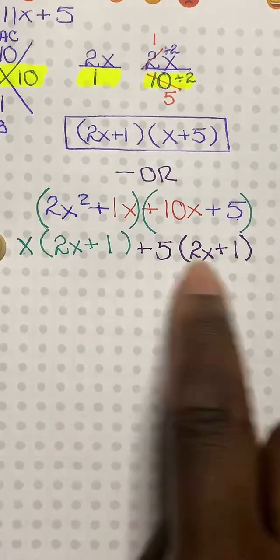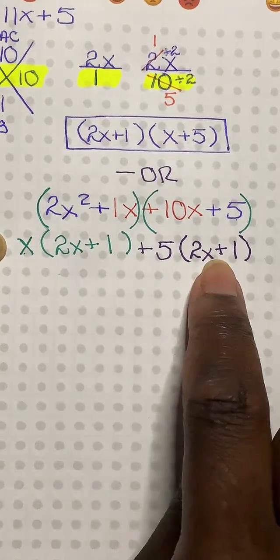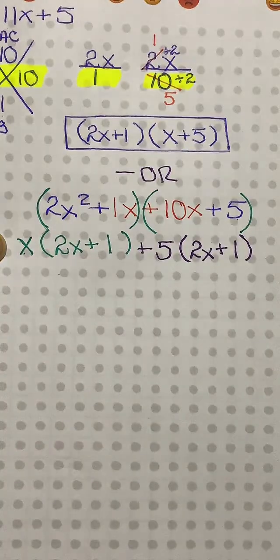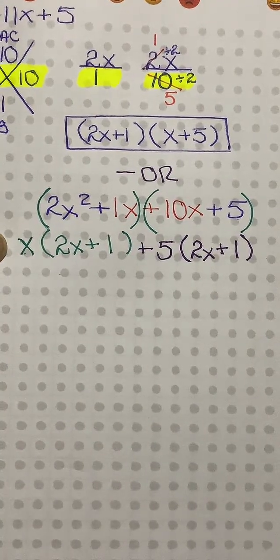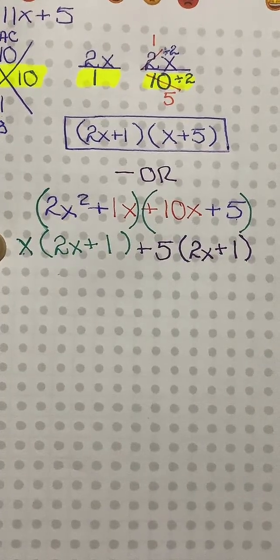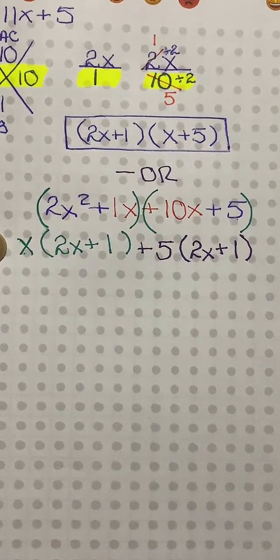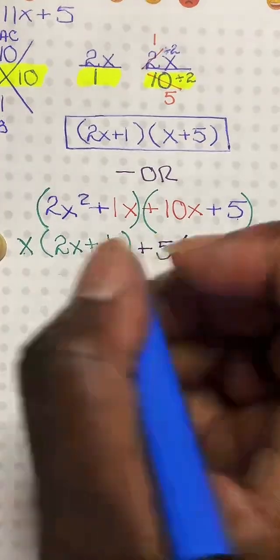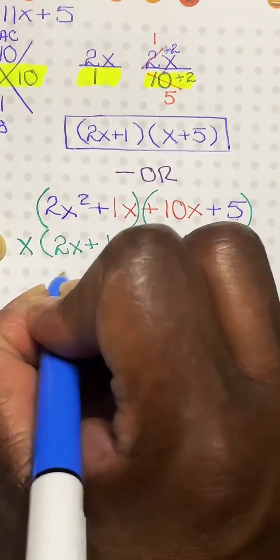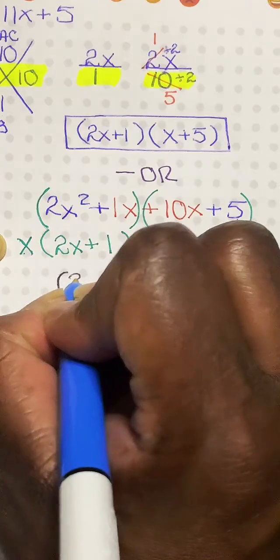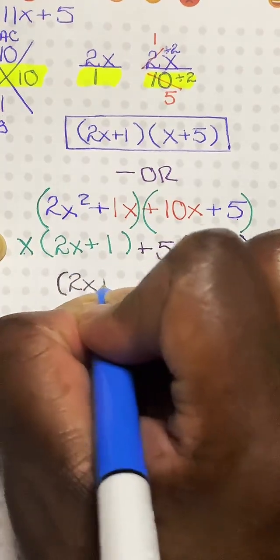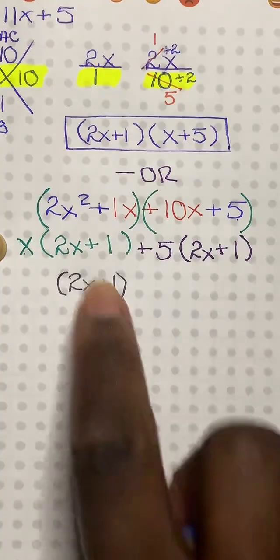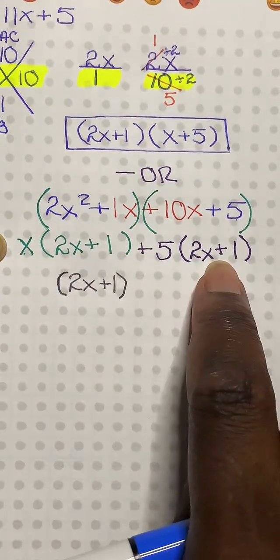So inside the parentheses is exactly the same. That is your GCF of that new line. So if I want, I can write it out as 2x plus 1 because that's my GCF of that line.